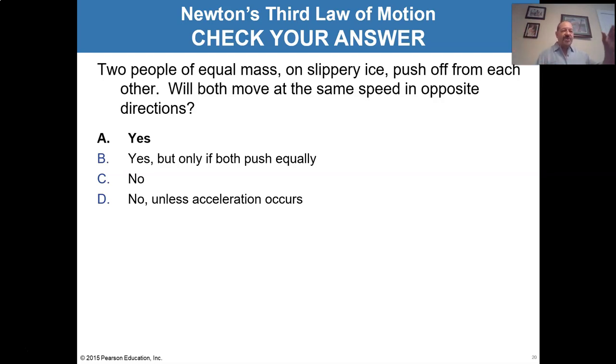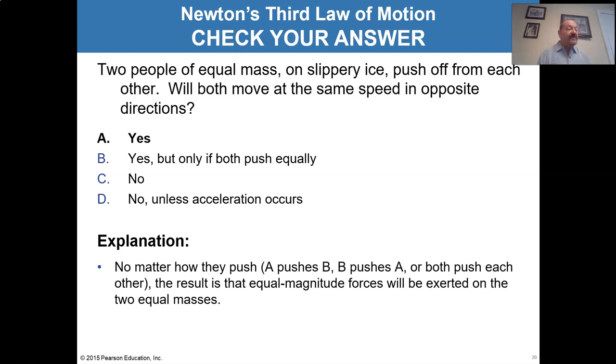Bob could push Kathy, or Kathy could have pushed Bob. They will both feel exactly the same action and reaction forces, and therefore will be accelerated due to those forces. Since they have equal masses, they will get equal acceleration in the opposite direction. Next time you're on the ice, you can test this out for yourself.